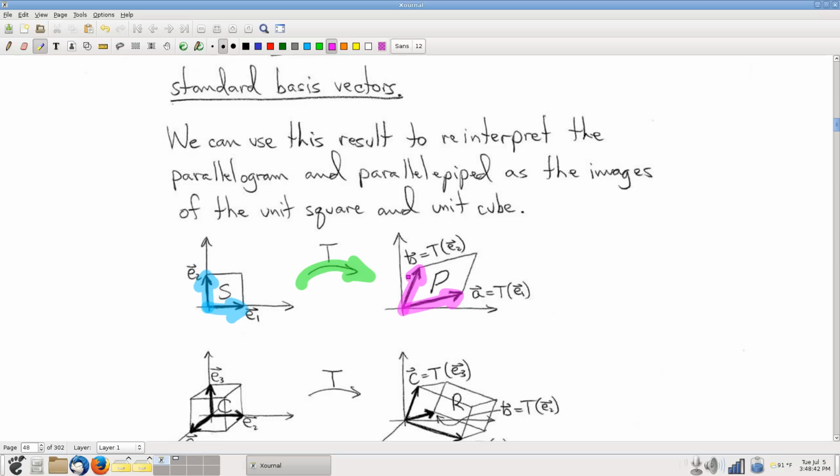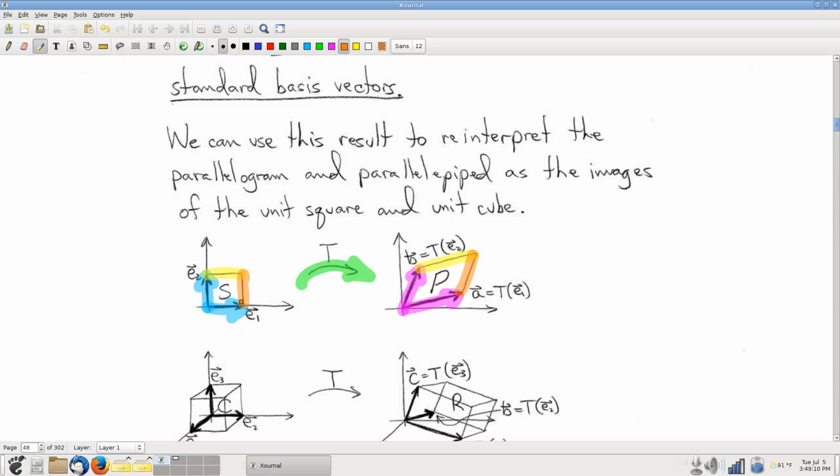Okay. Now, an exercise that I'm going to leave to students to work out is that not only are these vectors the images of those vectors, but in fact, this edge here is the image of that edge, and this edge is the image of that edge. This can be achieved by just a direct calculation.